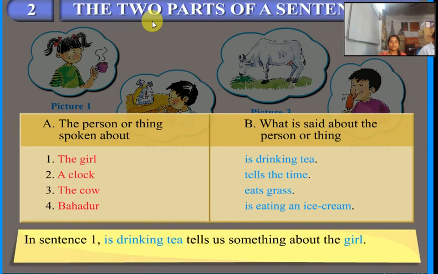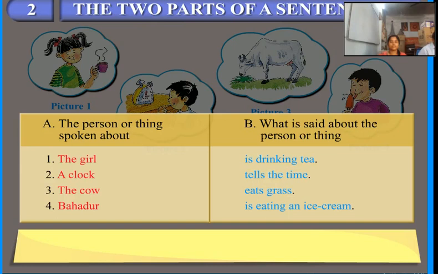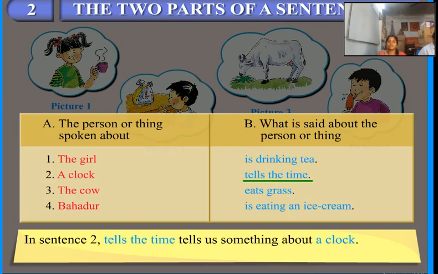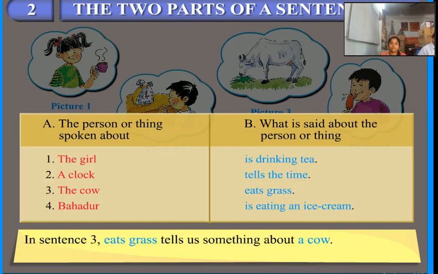In sentence 1, is drinking tea tells us something about the girl. In sentence 2, tells the time tells us something about a clock. In sentence 3, eats grass tells us something about a cow.